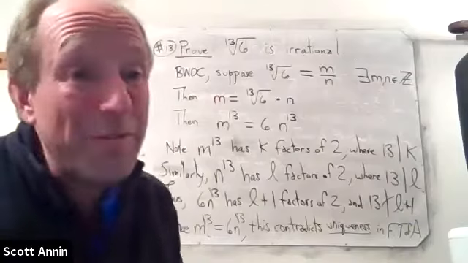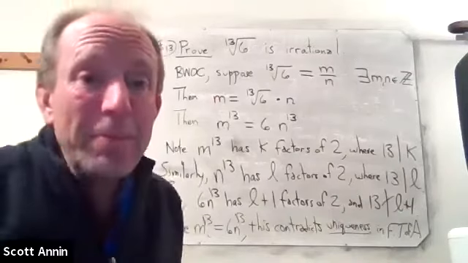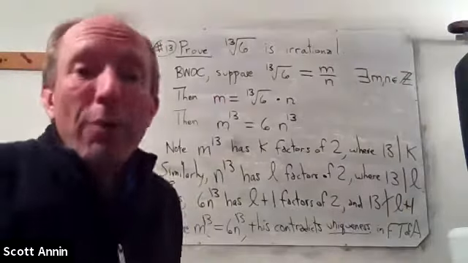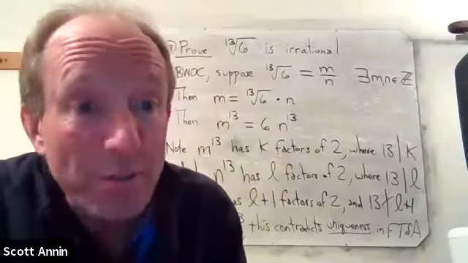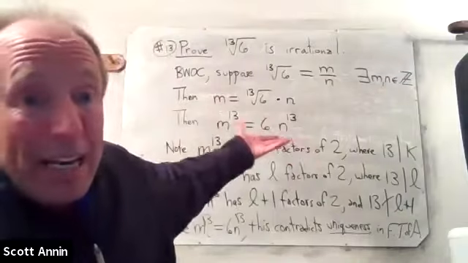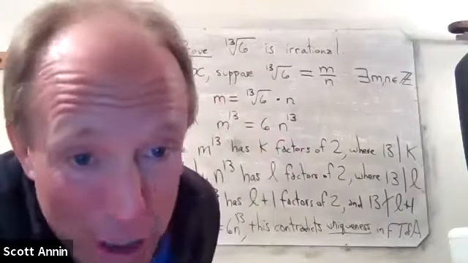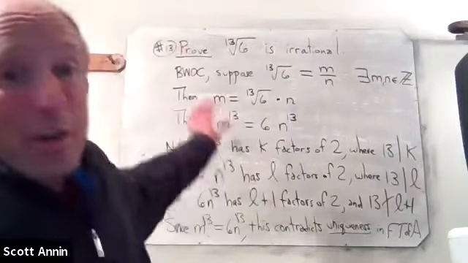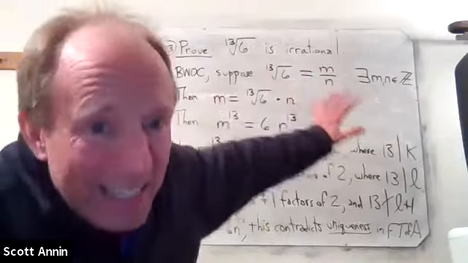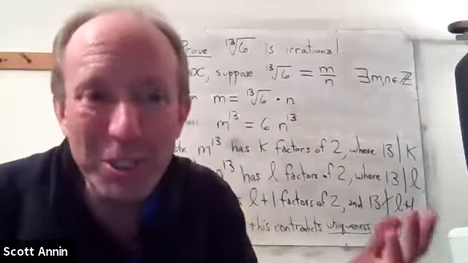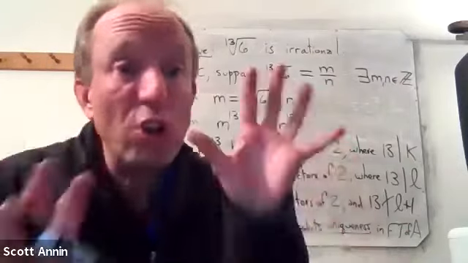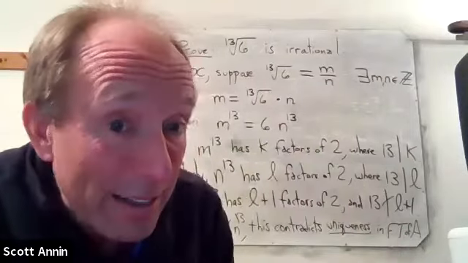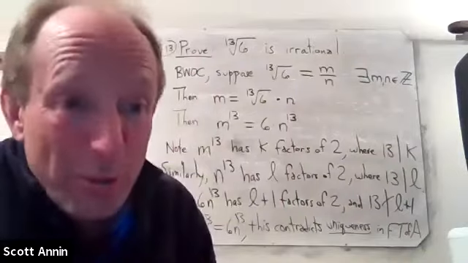Either one of those would be fine. That way you get an inconsistency. If you focus on factors of 5 right here, you're not going to get any contradiction because the number of factors of 5 on both sides of the equation can be a multiple of 13 without having any discrepancy between the two sides. So you've got to choose either 2 or 3 for your prime.